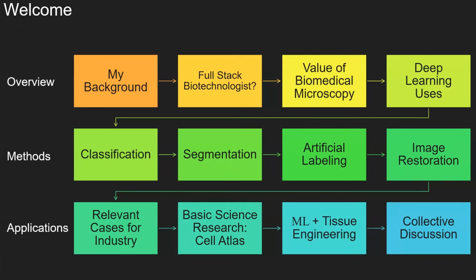The first part will go into my background as far as what is a full stack biotechnologist, followed by the value of biomedical microscopy, followed by motivation for deep learning uses in microscopy. We'll then go into how classification, segmentation, artificial labeling, and image restoration can be very helpful for those doing microscopy in biomedical disciplines.